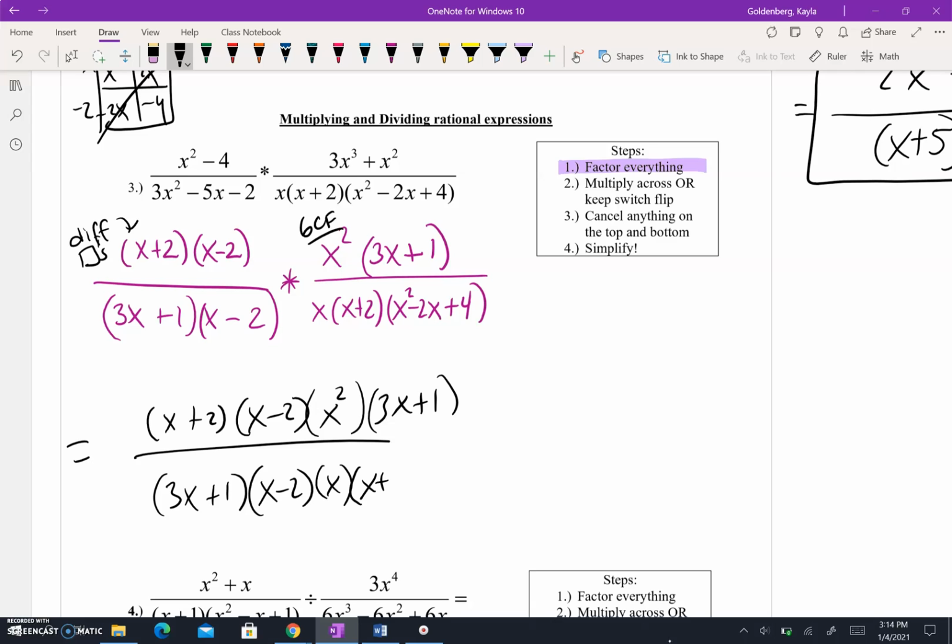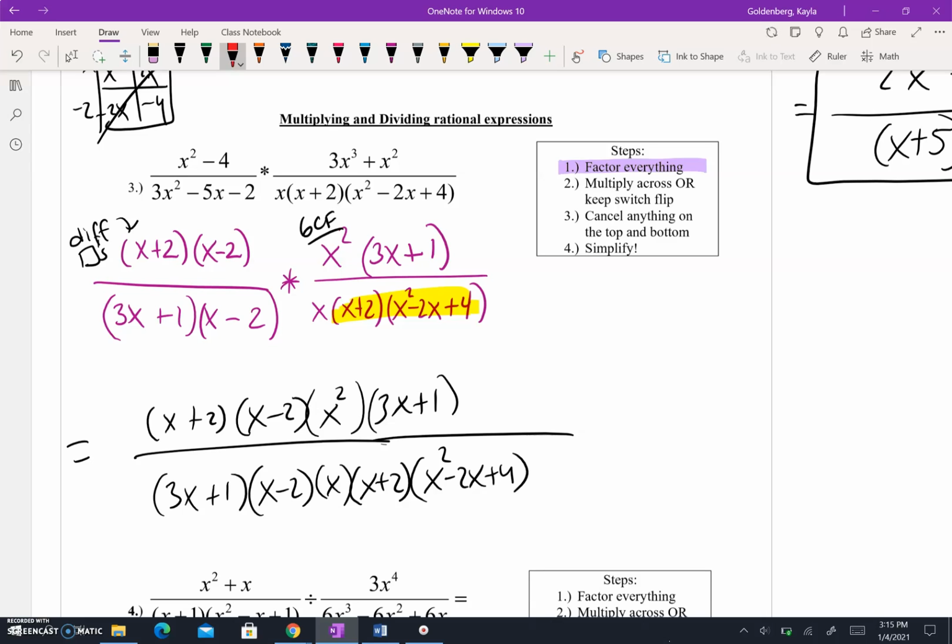I'm just going left to right. Do notice that x squared minus 2x plus 4 does not actually simplify any further. If these parts look familiar, that is actually that sum of cubes formula we learned previously, but that one has been factored out to make it a little bit easier.